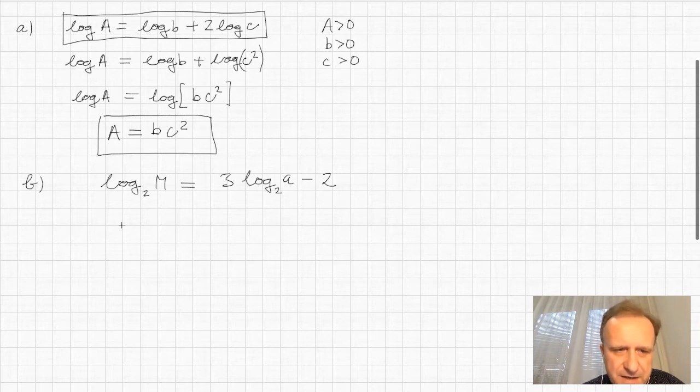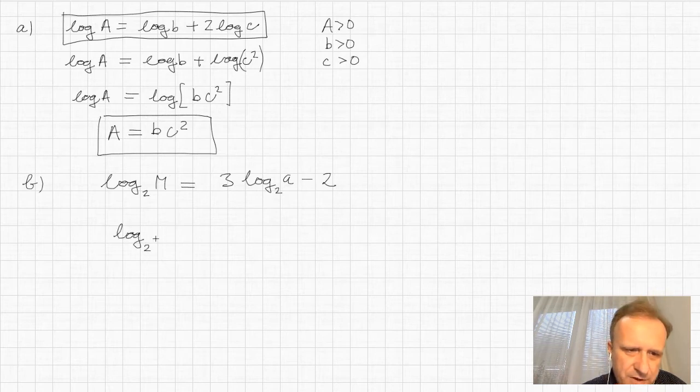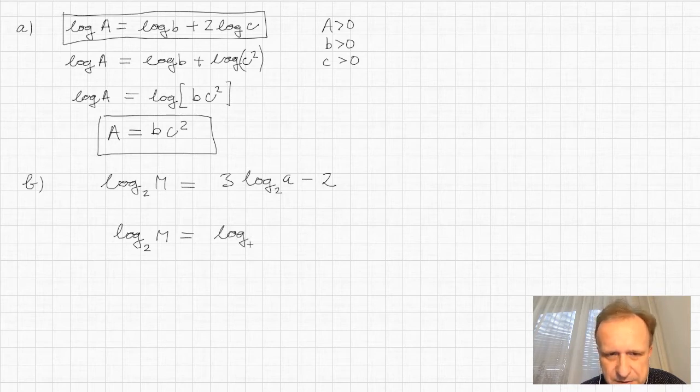On the left hand side, this goal is already met, so I will leave it as it is, so it's logarithm in base 2 of m equals, and here let me use the third logarithmic law to replace this first term as the logarithm in base 2 of a to the power of 3, so the product of the power and the logarithm of the base, minus, and here I have number 2.